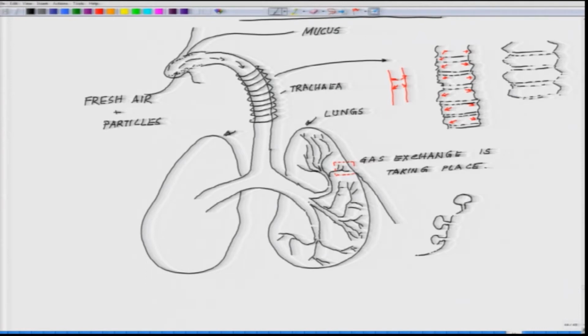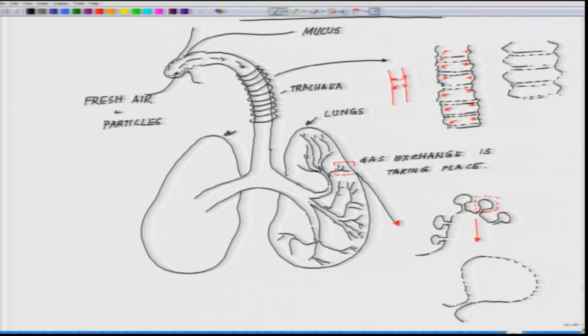These kinds of structures are called alveolar structure or alveoli, as if there are small pouches hanging at the end. If you look at these individual pouches further, this is the first level. At the second level, the individual pouch is like this. This is how it looks.